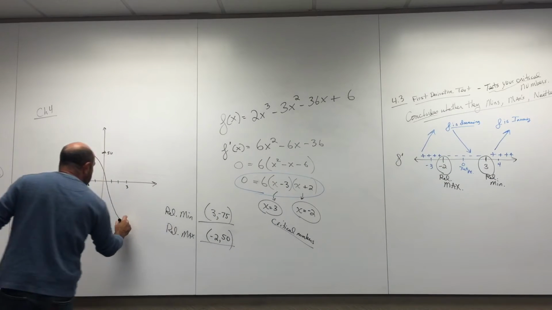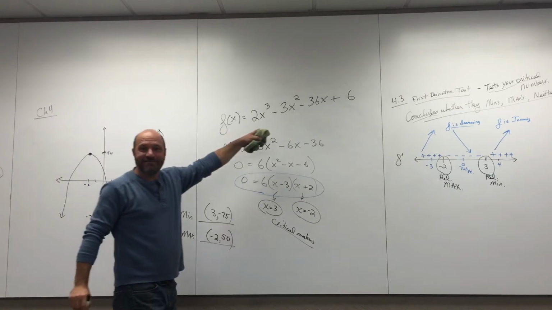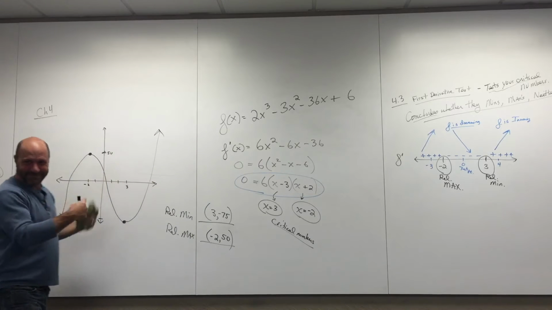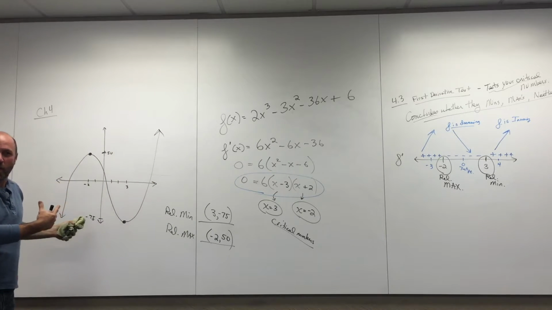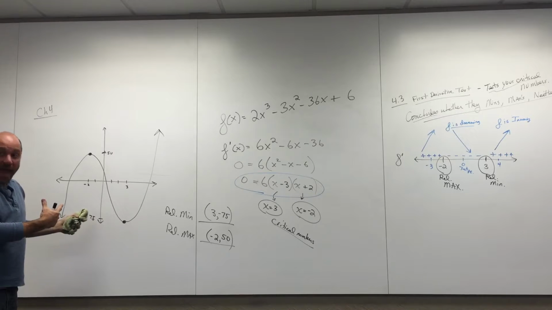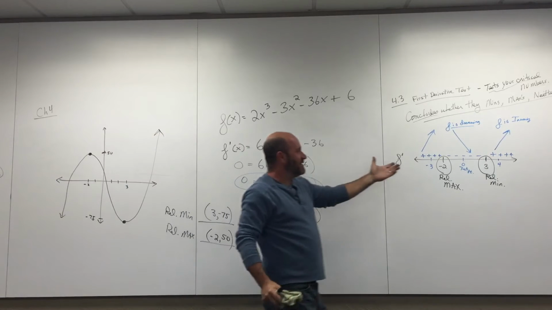By the way, maybe you knew it was a cubic function, and a cubic function tends to look like this. So you already maybe had a hint of what you were going for, but you're powerful here in chapter 4. You can throw away your graphing calculators and graph problems using this beautiful number line.